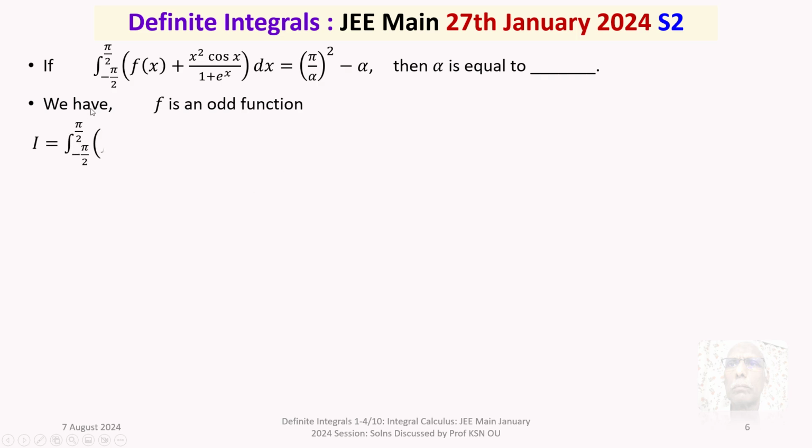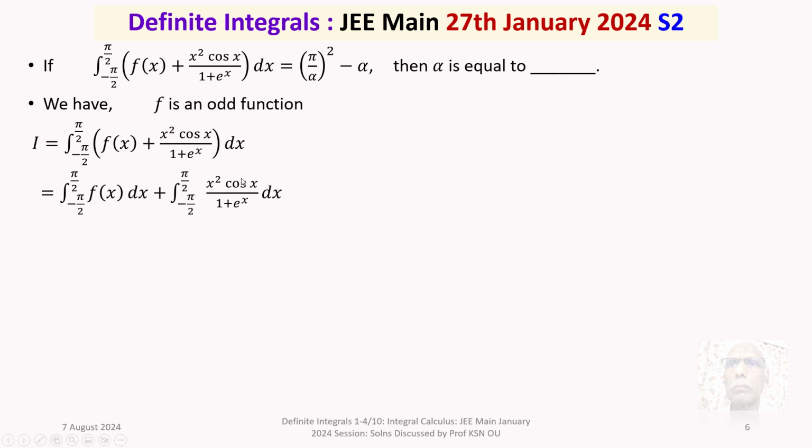Now let us take the given integral as I. I is equal to integral minus pi by 2 to pi by 2 of (f of x plus x square cos x by 1 plus e to the power of x) dx. The integral of the sum is equal to the sum of the integrals: the integral of the first function plus the integral of the second function. The integral of the first function is 0 because f of x is an odd function over minus pi by 2 to plus pi by 2.